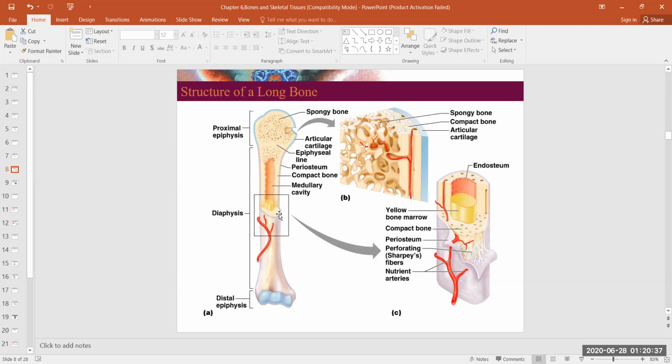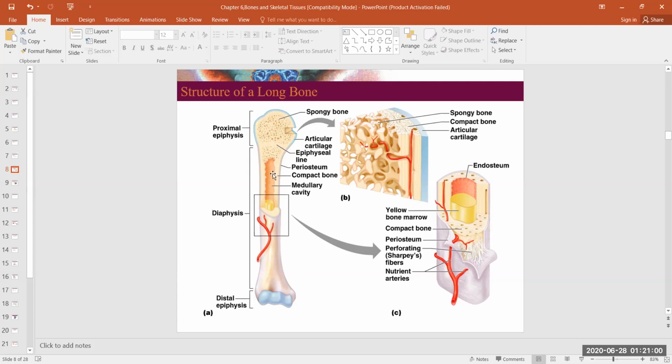But when you come here, in the longitudinal section, let's go from outside in the compact bone here now. The outermost connective tissue layer is called periosteum, which is attached to this compact bone through fibers called Sharpey's fibers or perforating fibers.